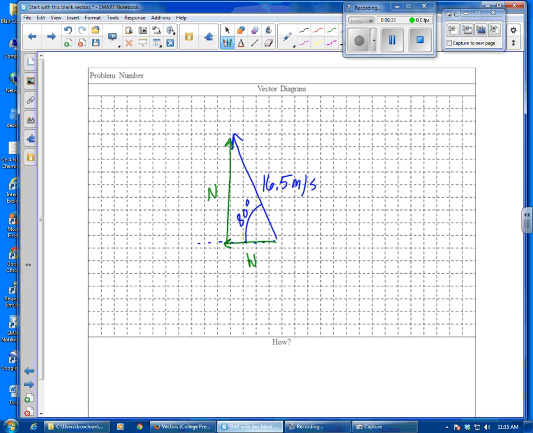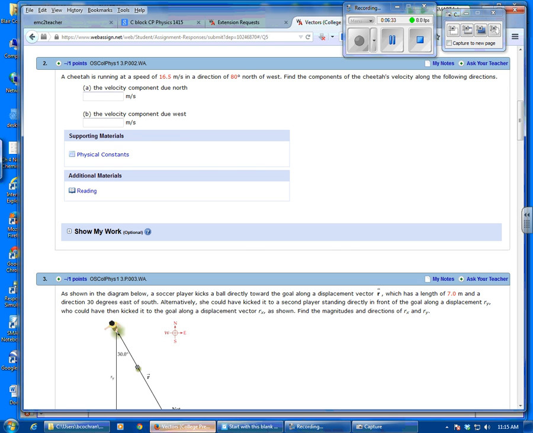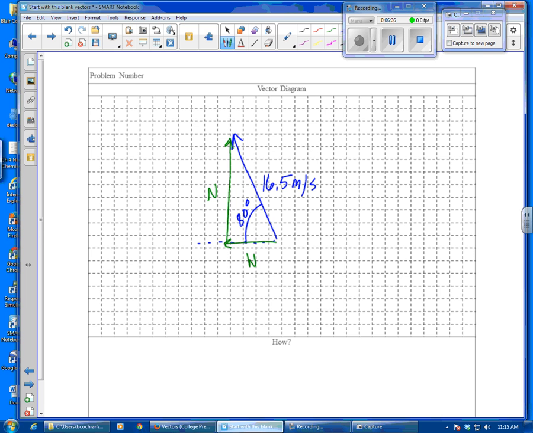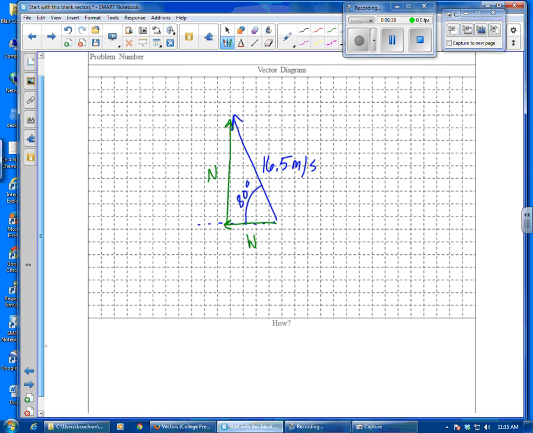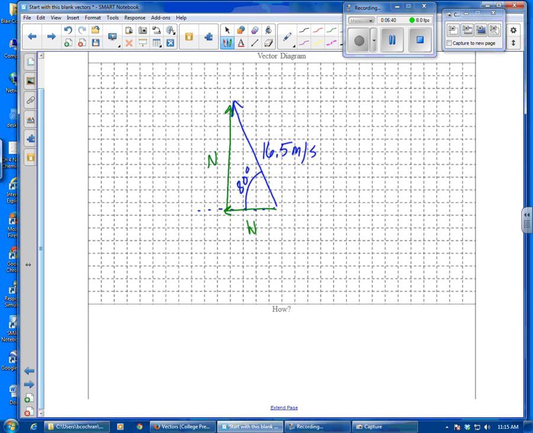So I make sure I don't do that. Let me make sure I got everything right. North of west. Yep. So which one do you want to find first, north or west? North. Okay. So north is opposite.